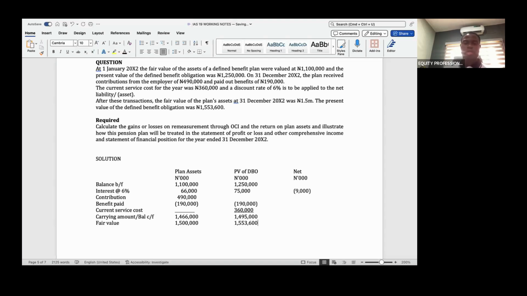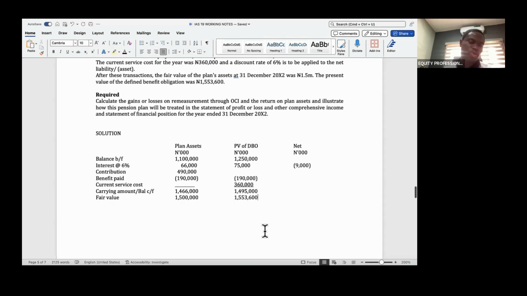Now, what do you then do with this? Number one, what goes into the statement of financial position is usually the net of these two. In this case, the obligation is higher than the assets. Therefore, we'll have a net defined benefit obligation, or a deficit, of 53,600.